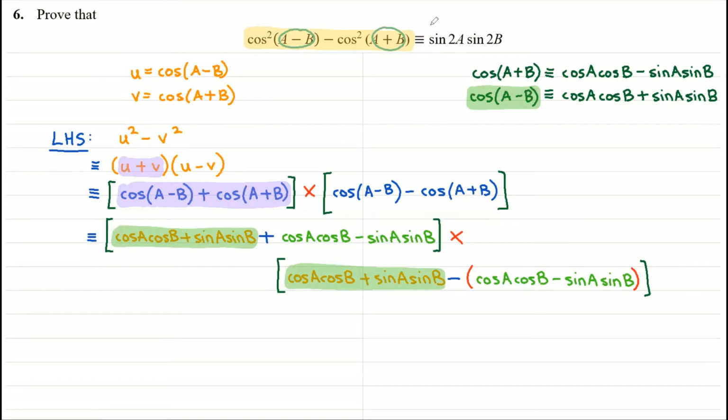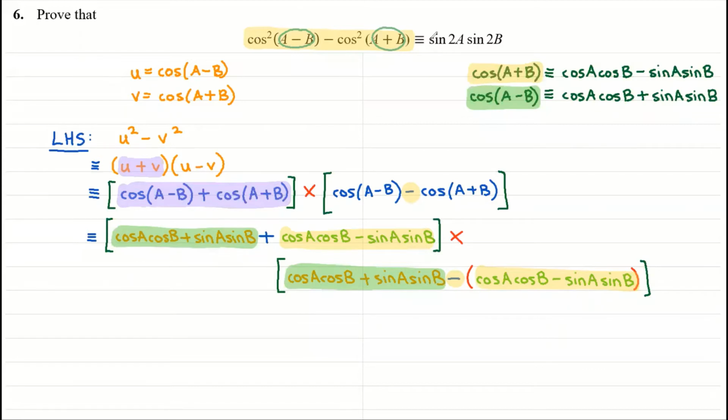So I'll just highlight that as well. So this expression here and this expression here correspond to this. All right, and you notice we have to be careful because we have a subtraction in that second bracket, which I've got here. So I've got to subtract the whole of that second expression.